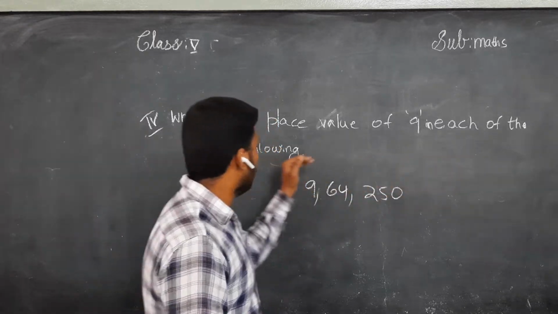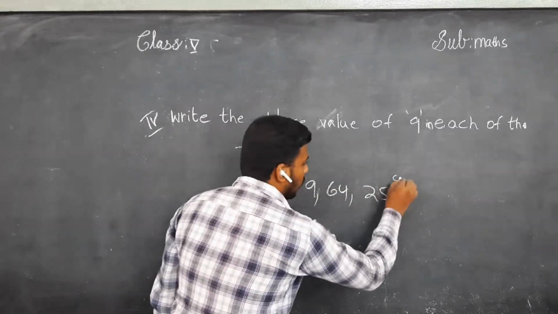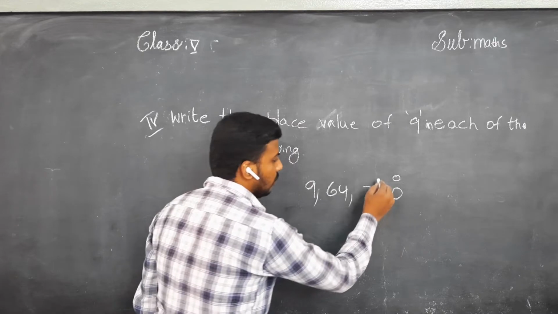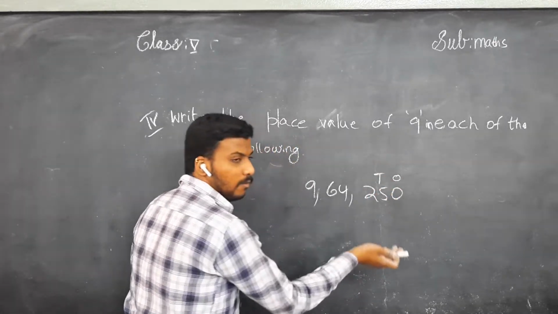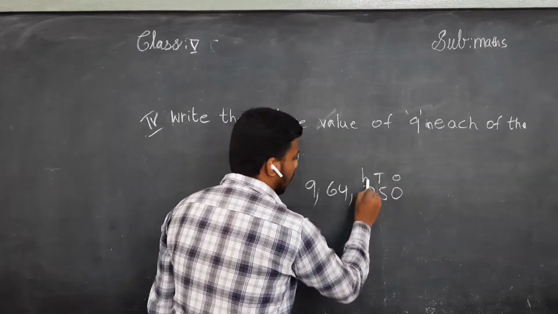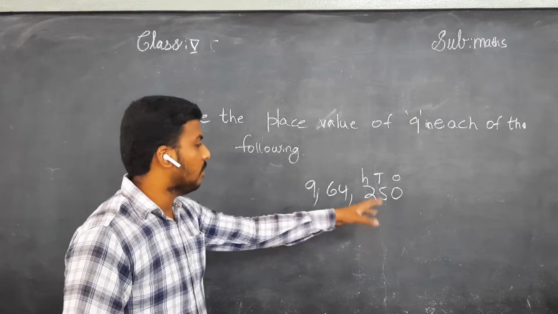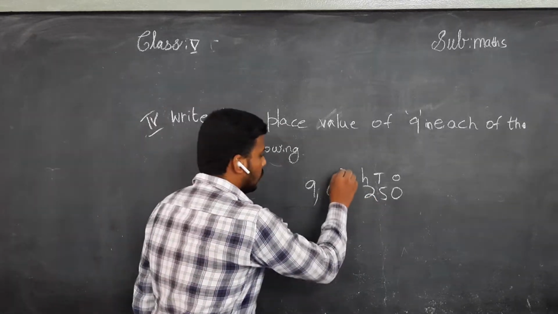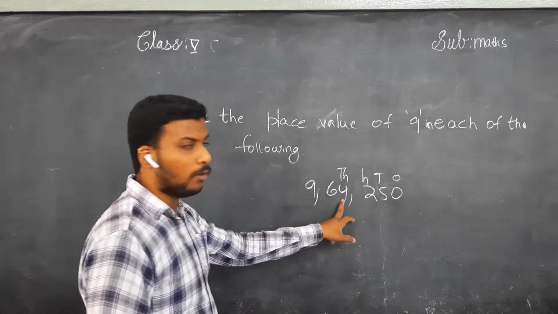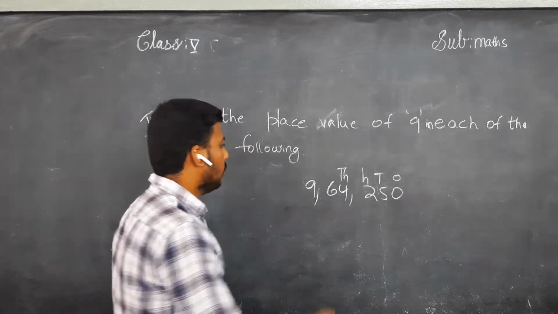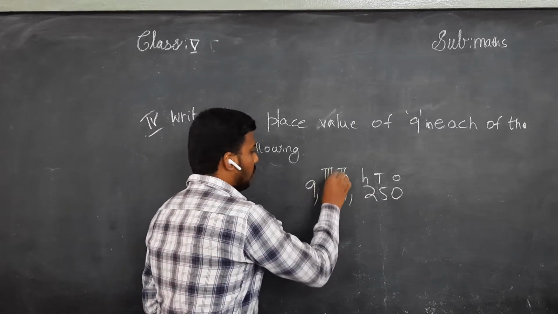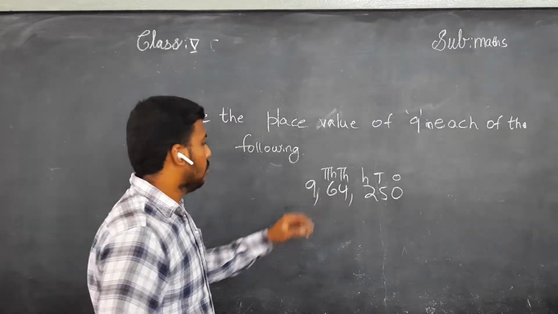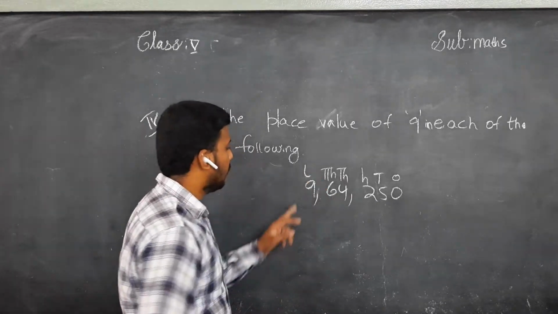In each of the following means see, in the place of ones we do not have any 9. In the place of tens we do not have 9. Here 5. In the place of hundreds we don't have any 9. Here it is 2. And in the place of thousands we have the value 4, and it is not 9 at all. In the place of 10,000s we have the value 6.